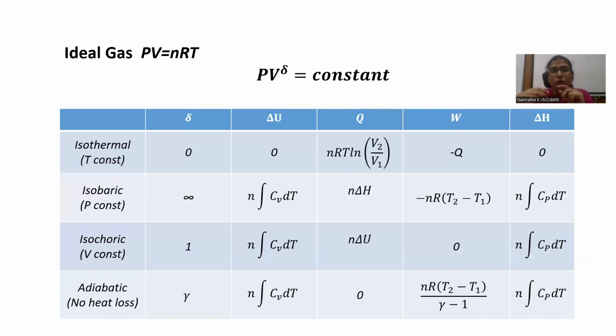So there are no molecular interactions. That's why the change in internal energy is only dependent on the temperature, and there are no forces between the molecules. That is when we assume that it is an ideal gas.